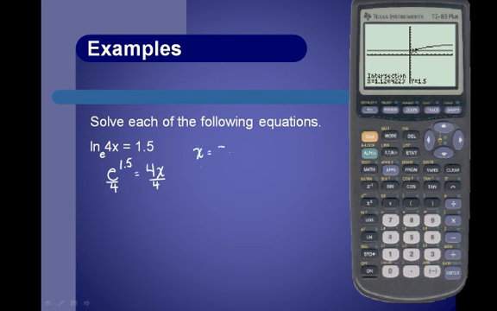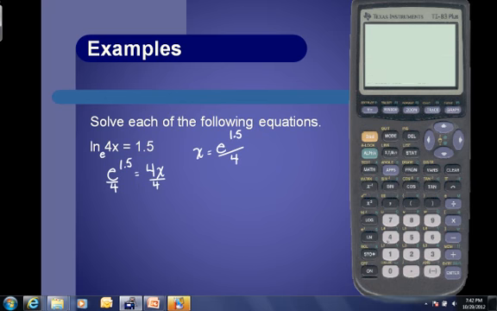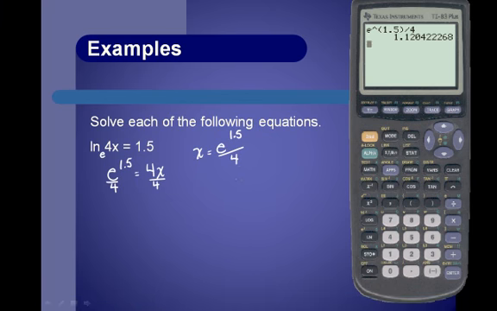So x is equal to e to the 1.5 divided by 4. So on our calculator, we're going to do second e to the power of 1.5 divided by 4, and notice we get exactly the same thing, so x is equal to 1.12.